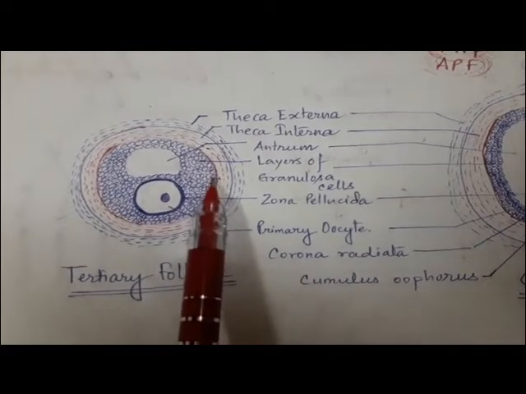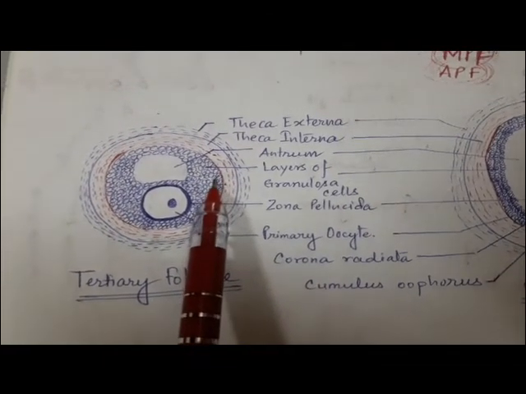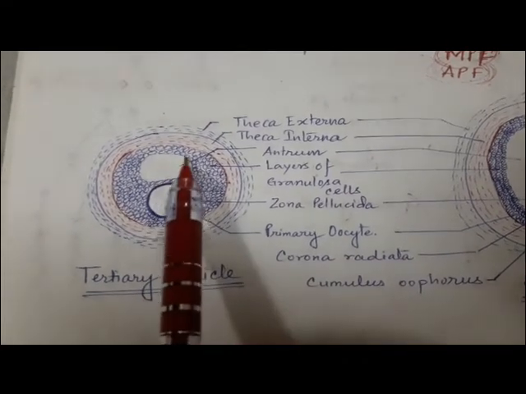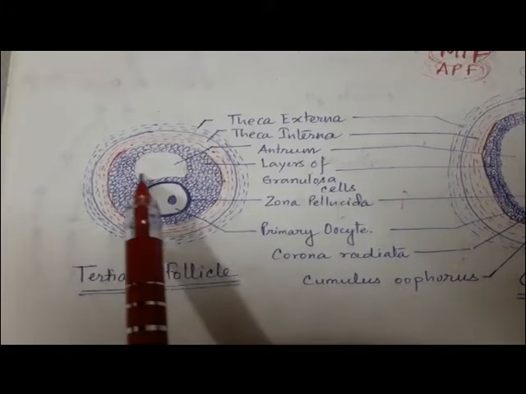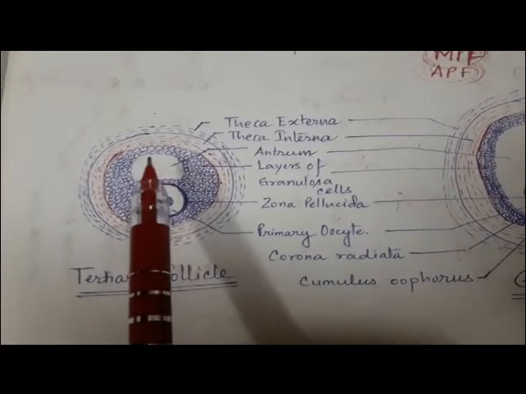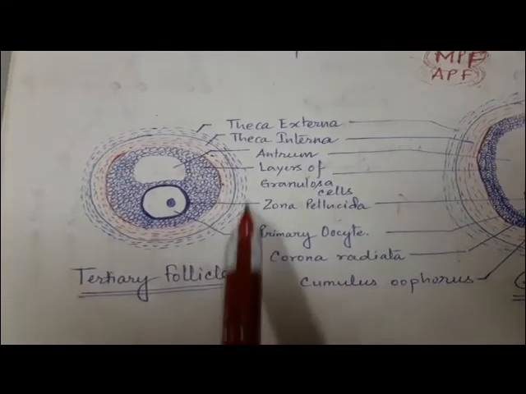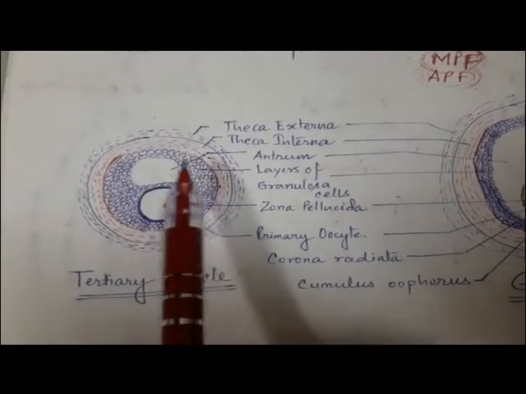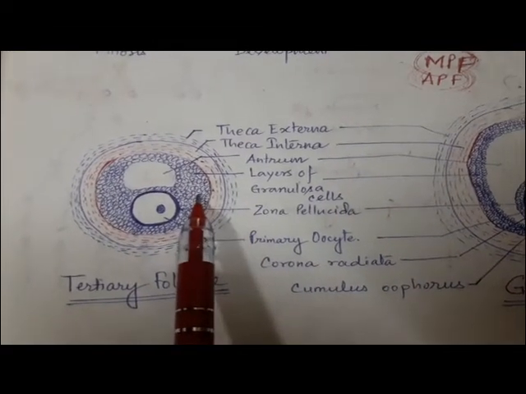These are all granulosa cells, right? And these granulosa cells secrete fluids having growth factors and some steroid hormones. They secrete, and ultimately a small cavity is formed, which is known as the antrum, right? So this antrum is formed due to the secretion of the granulosa cells.